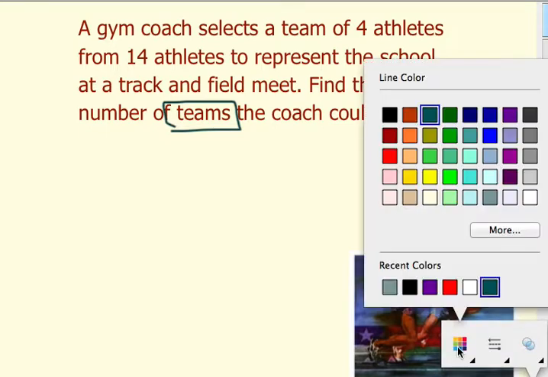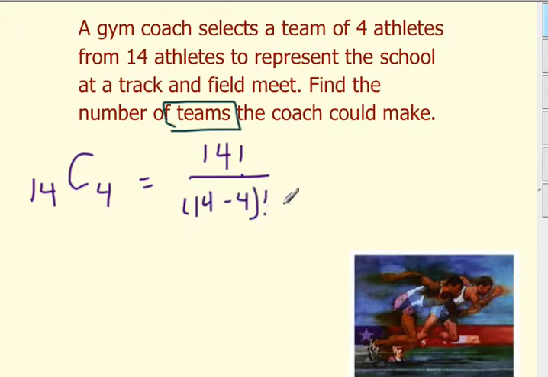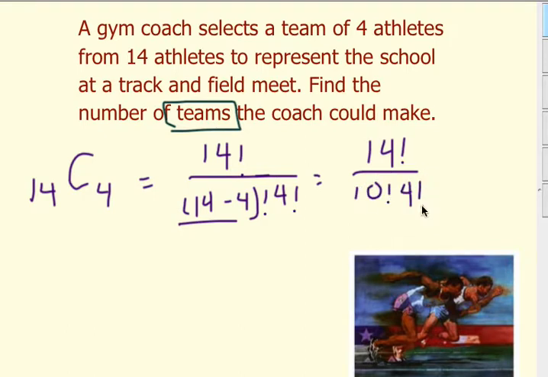So to start off with, we have 14 total athletes, and we're going to choose a group of 4 of them. So what we're going to do is take the 14, and that's going to go on top. And then on the bottom, we're going to have 14 minus 4 factorial, and then we're also going to have 4 factorial. So then on top, we're going to have 14 factorial. 14 minus 4 is 10 factorial, and then we have 4 factorial.